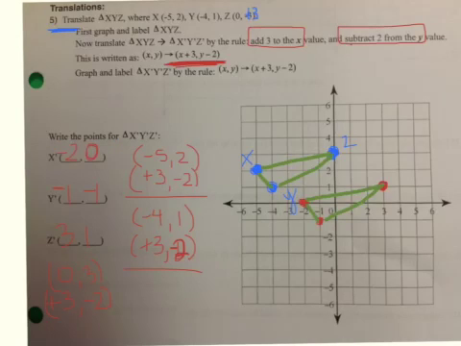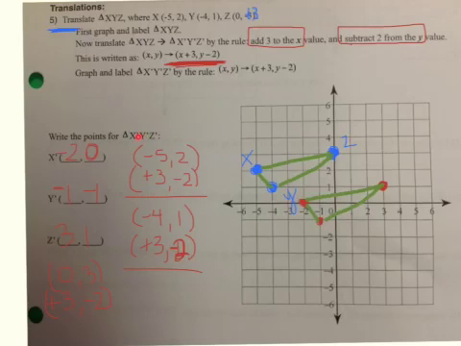We did question number 5 in class together. So we graphed the first triangle. It has blue dots for the vertices. And then we applied the translation rule, which says, in your paper, you'll see it right here. It says add 3 to the X value, subtract 2 from the Y value.